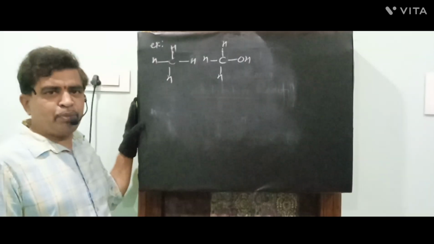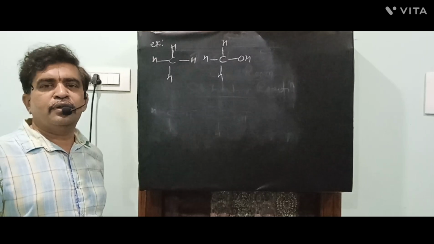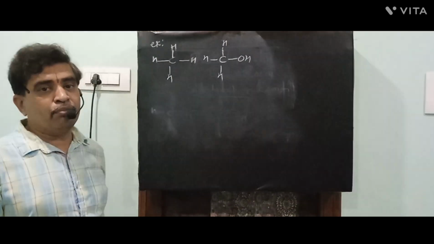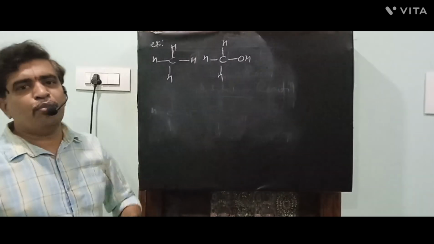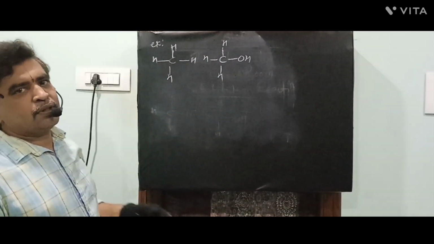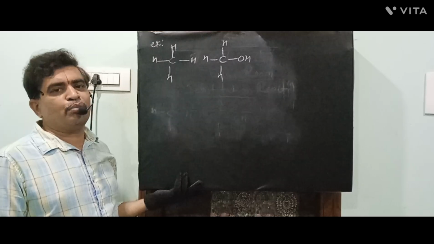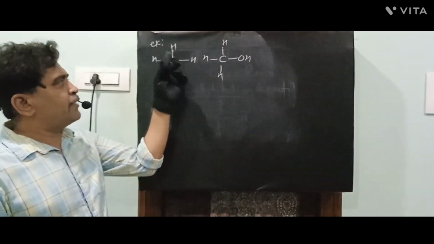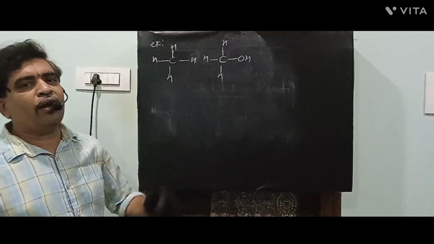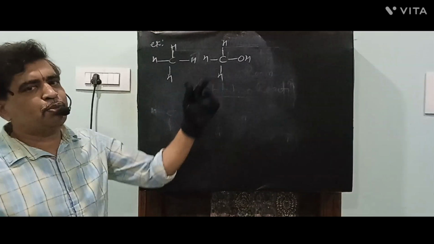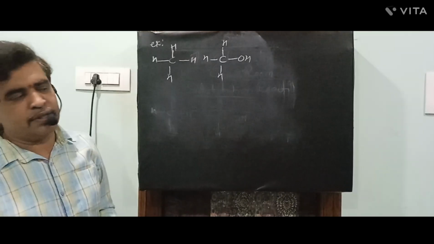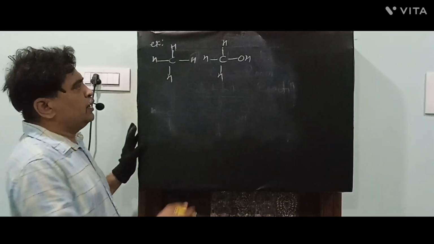To explain substitution reactions, we take 2 examples. The first is methane and the second compound is methyl alcohol. Both are saturated compounds. Methane has the carbon with 4 hydrogens, and in methyl alcohol the carbon also participates in 4 bonds, one with the OH group and the remaining 3 with hydrogens.